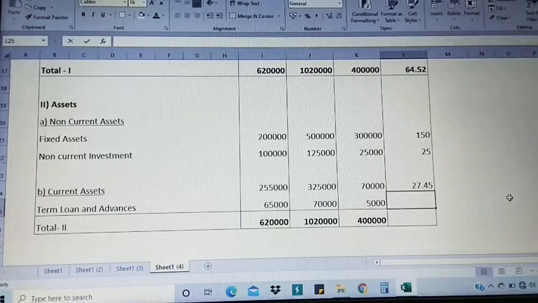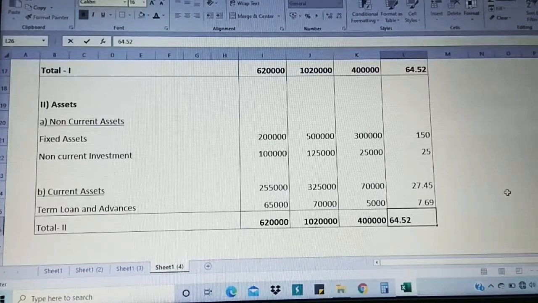Next, 5,000 divided by 65,000, percentage: 7.69. The next is going to be the same, but let us just calculate it. So it is the same, 64.52.